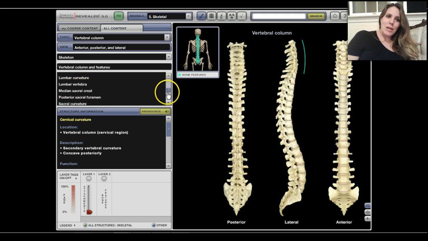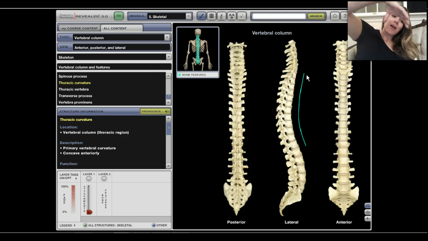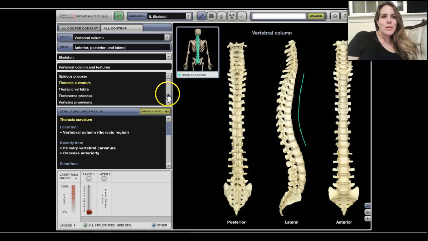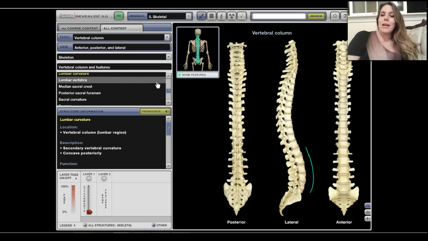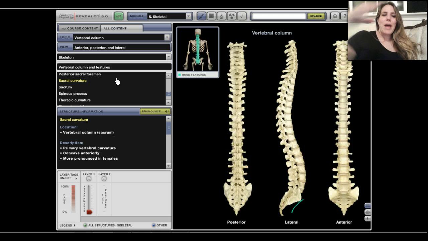Whereas if you then go down to the thoracic curvature, it goes the other way. It's convex, so it's like an upside down bowl. Then you go back to the lumbar curvature, and that is back to being concave. Then we go on down to the sacral curve, and that's back to being kind of convex-ish, I guess I would say. So it's like an S, like a snake.